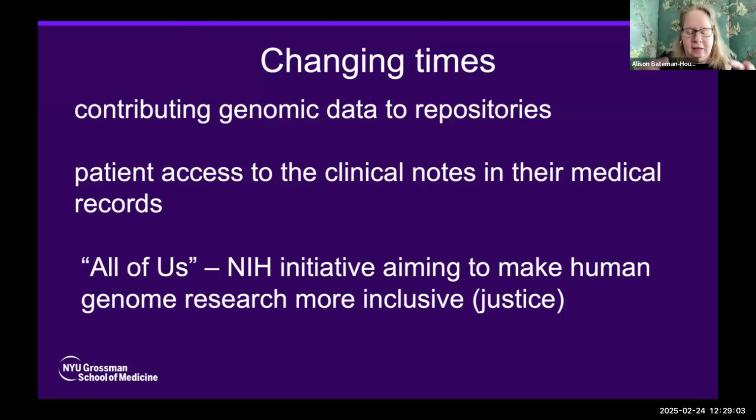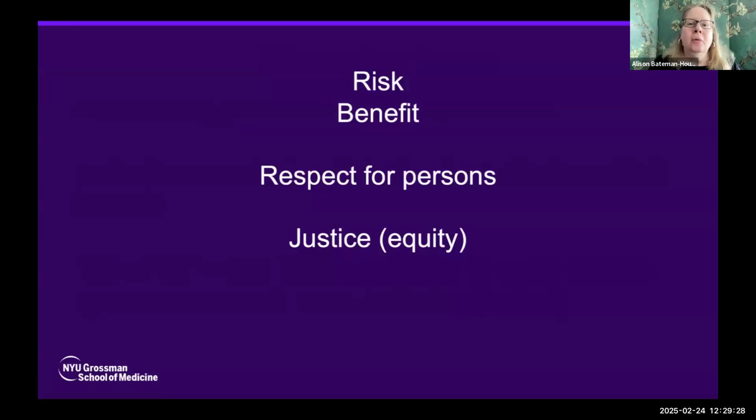It's an idea that this government-funded research needs to help everyone, not just the lucky few who happened to participate in it. It was an idea that research needed to proactively reach out to say, we're trying to help everyone.